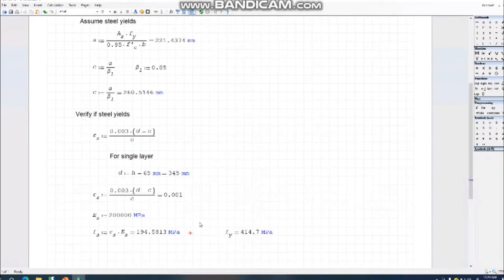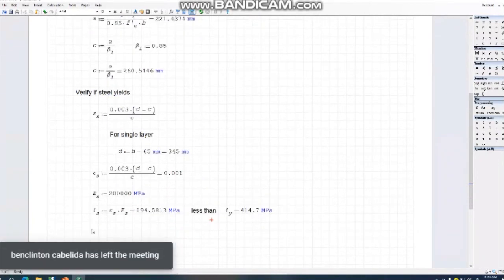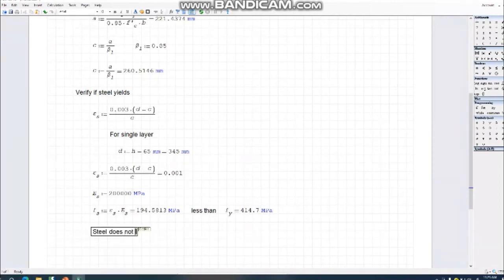So our assumption is wrong. It's less than. Therefore, steel does not yield. If that is the case, do not accept Fs. This is not the correct value.